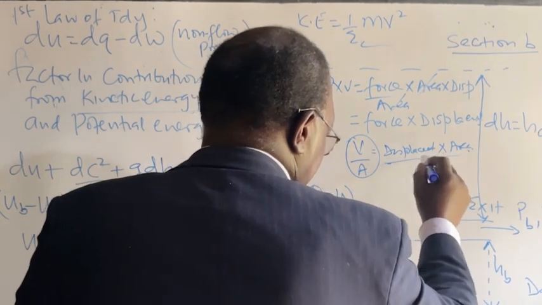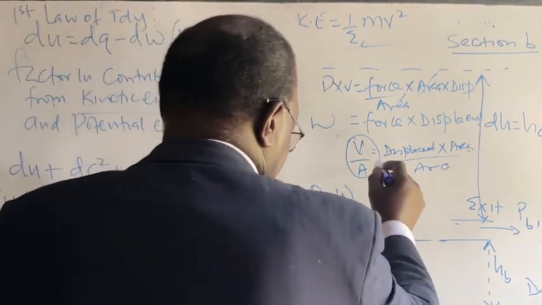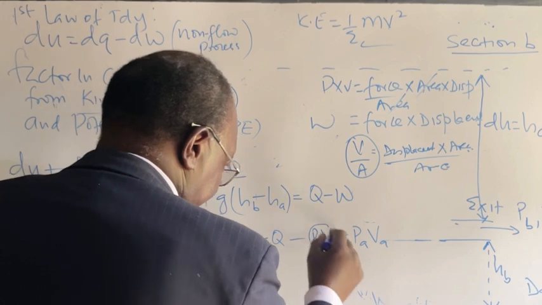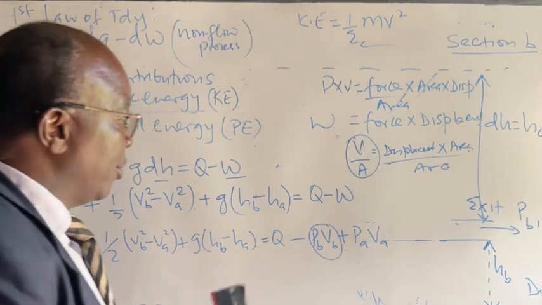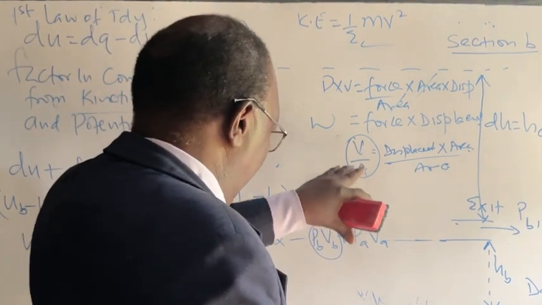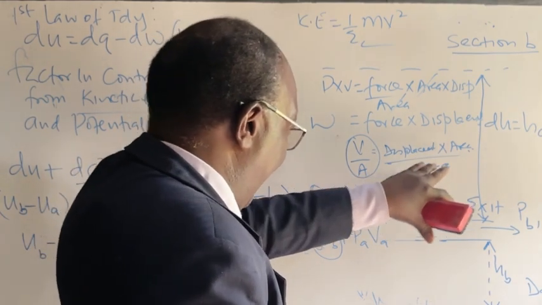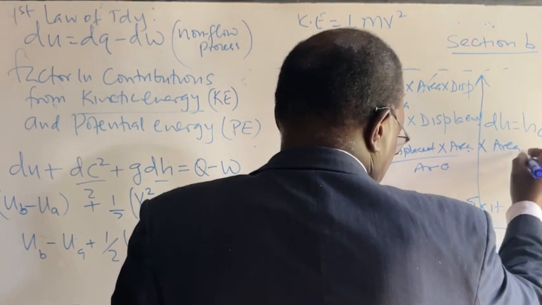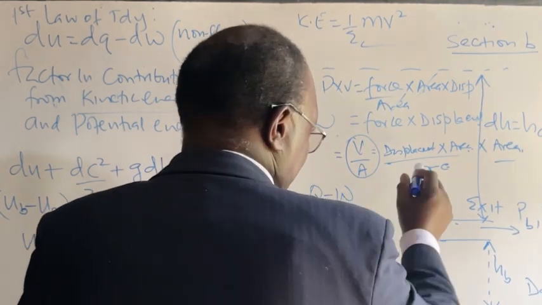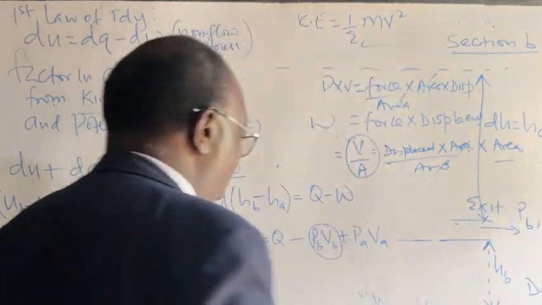So you multiply that again with your area, so you will get that quantity there, which basically gives you pressure and volume. It's very important that you hold on to dimension analysis, because if you have the volume, remember that is displacement and area, then divided by area, that cancels that. So when you multiply that with the area, then you have your displacement times area, that is now your volume.